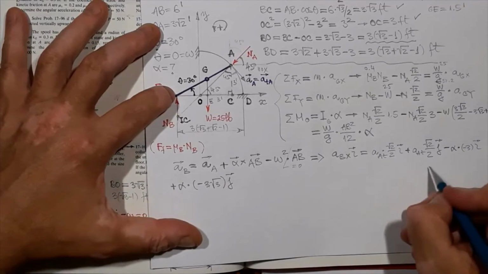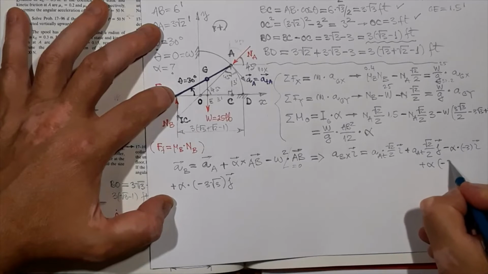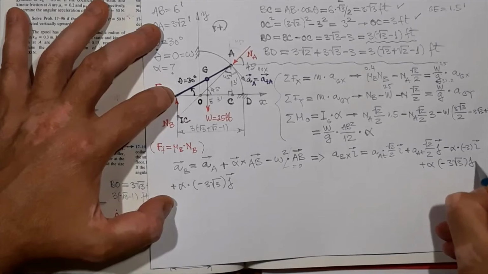I could have squeezed everything here. So plus alpha times negative 3 square root of 3 J.